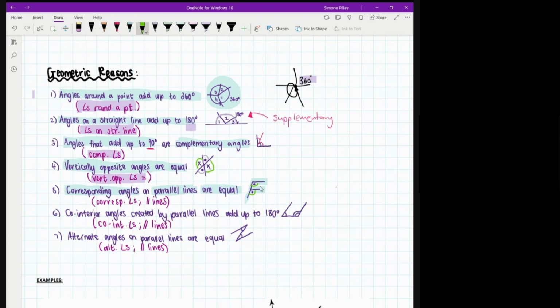We have the F, and those are the two angles underneath my arms, underneath my parallel lines. My shorthand reason is going to be corresponding angles. And because it's a tool that only works with parallel lines, you have to include in your reason which lines in the diagram are parallel.